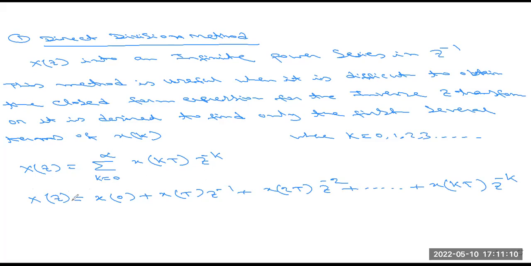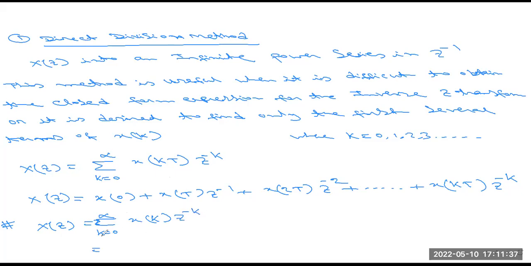And we also have to write this pattern, that is X(z), which is the summation of k equal to 0 to infinity of x of kT, or x of T, these are the same thing, z inverse k.